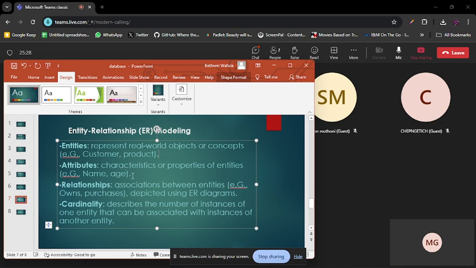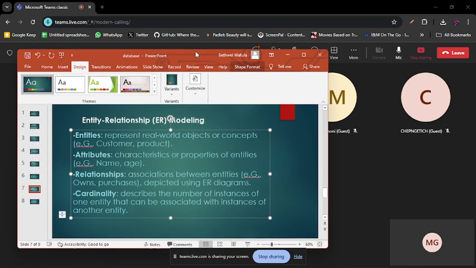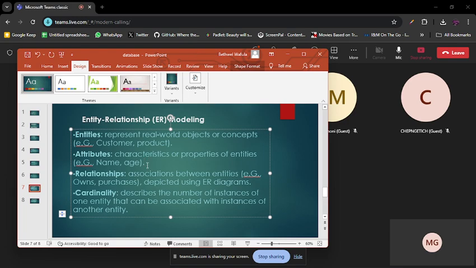What about attributes? Attributes are the characteristics or properties of entities, like name or age. Thank you for that. I'm very impressed with the things you have been able to notice.